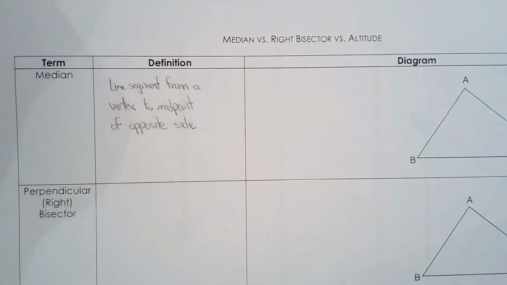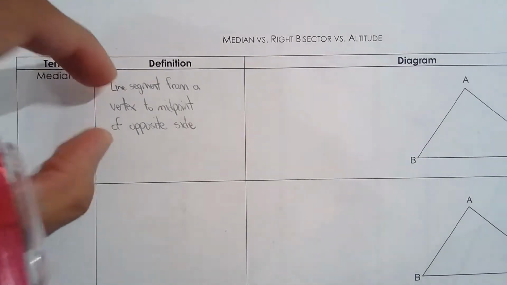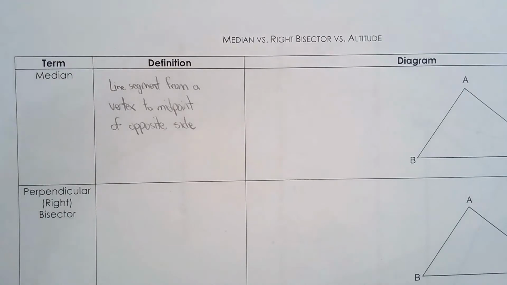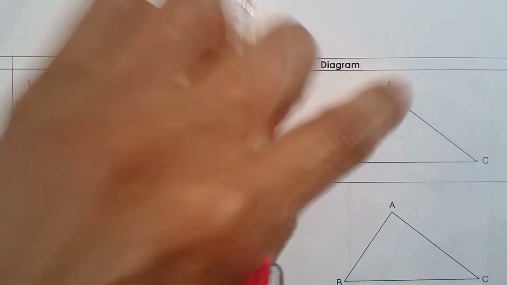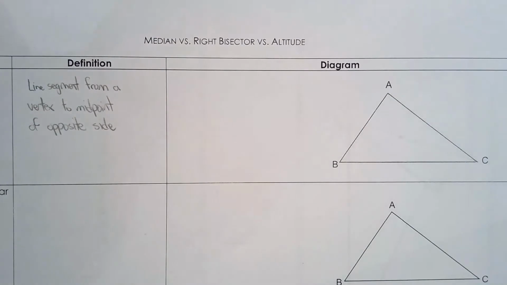So the median is a line segment from a vertex to the midpoint of the opposite side. So if you follow with that definition and imagine you have a triangle, okay, you start from a vertex, you join to the midpoint of the opposite side, you should be able to take this triangle and draw 3 medians.